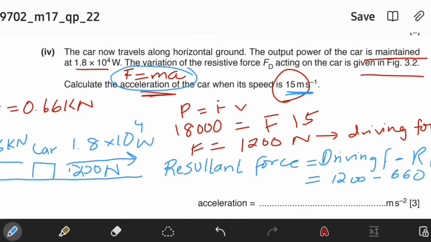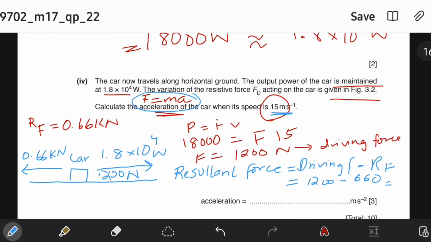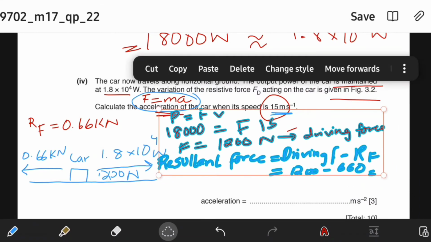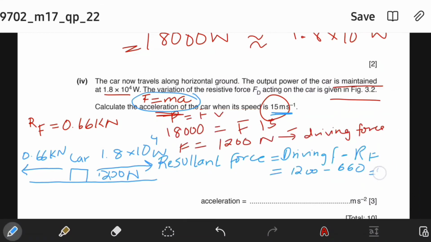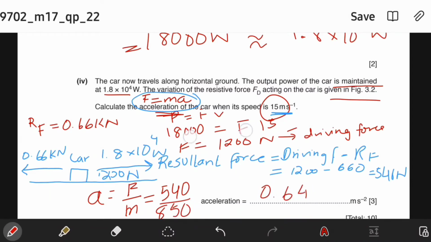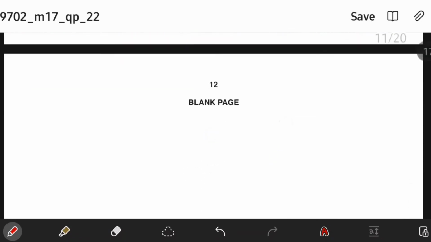The answer would be 540 newtons, and now we can very easily find out the acceleration from the formula. Acceleration is equal to force over mass. Force is 540 over mass is 850, and the answer is 0.64 meter per second squared.